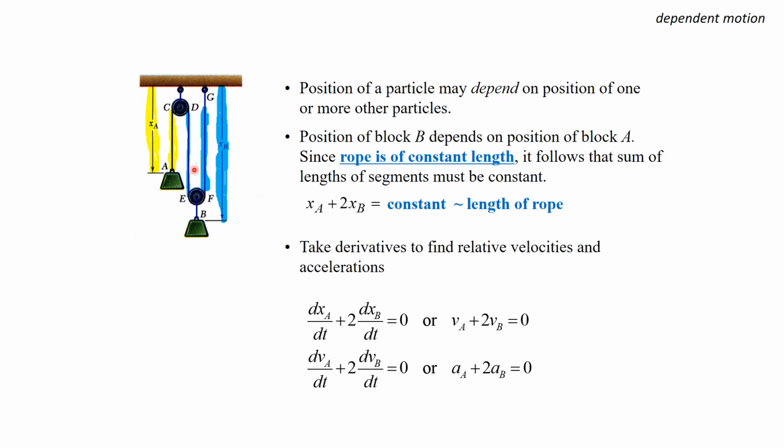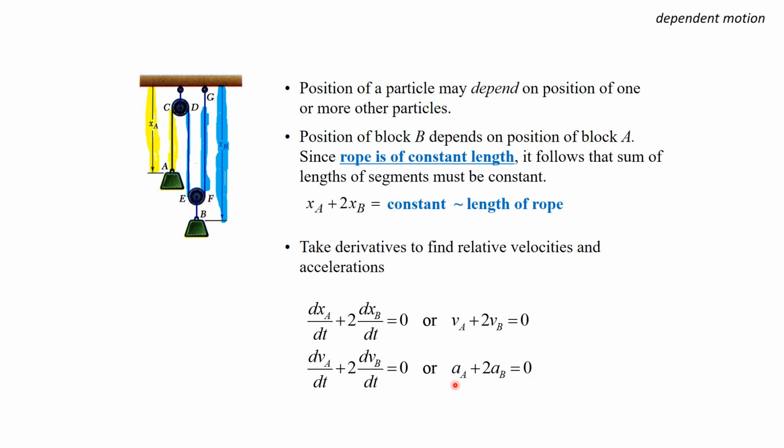Okay, so just by looking at how this chunk of the rope is changing with time compared to how these two chunks of the rope are changing, and it started by just adding the lengths of the rope together. So we take the derivative with respect to time of a position, and there's our velocities. There's our relative velocities, and of course we can go one step further. So take the derivative with respect to time of our velocity, and that will give us our acceleration.